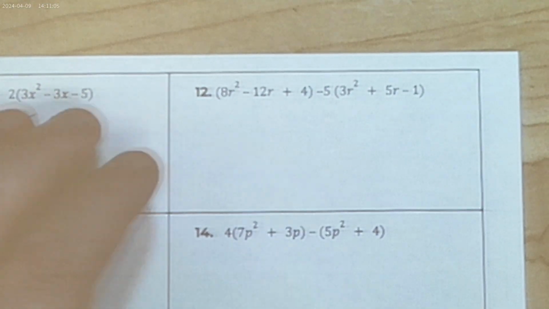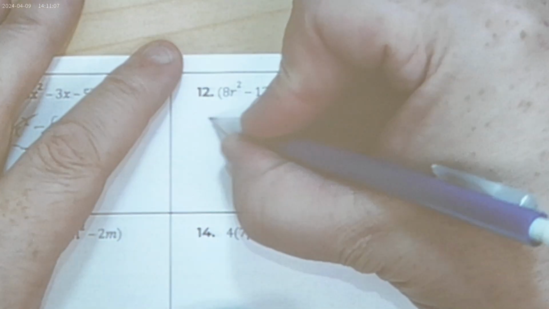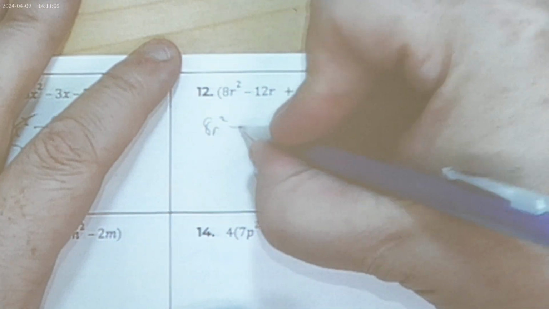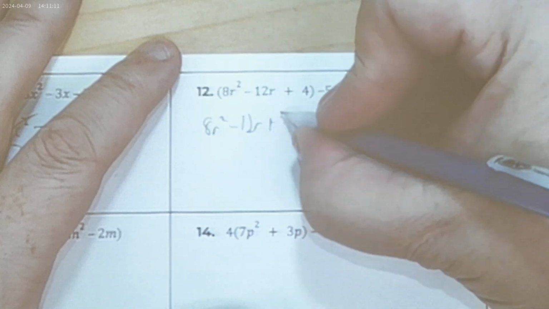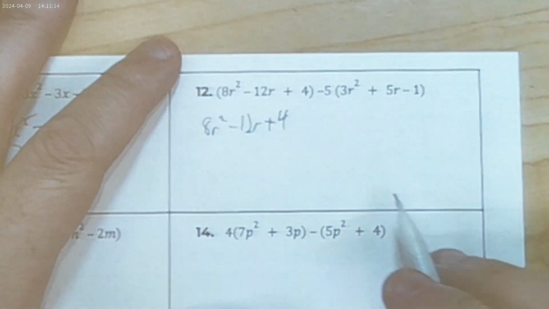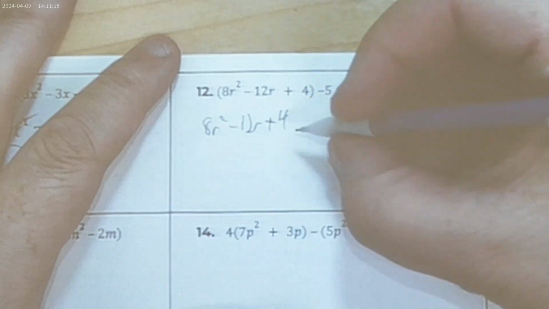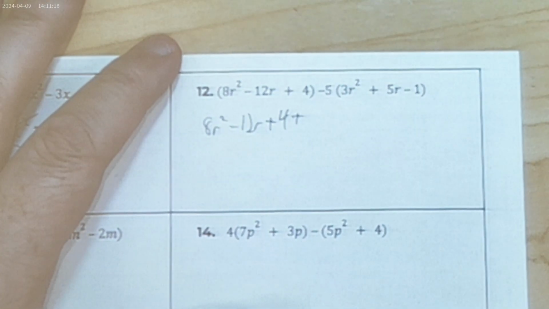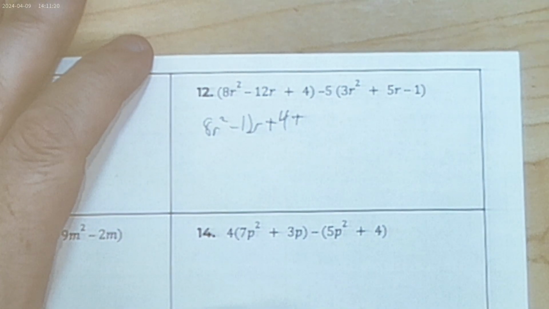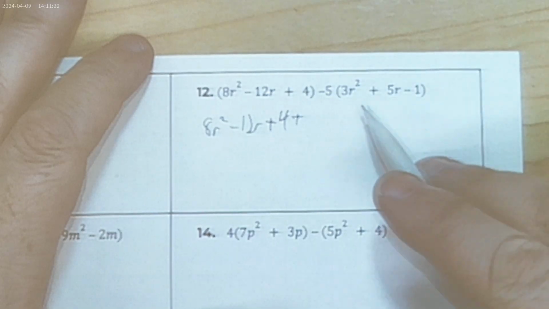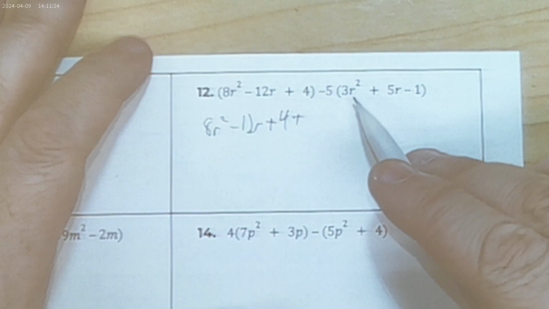Alrighty, let's see. So this one's going to be a little bit trickier, but we can work this out. 12r plus 4. So what I'm going to do is I'm going to add them, but by adding them, I'm going to multiply everything by negative 5.